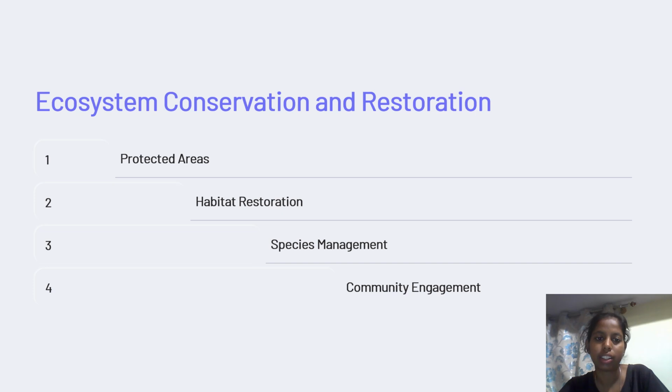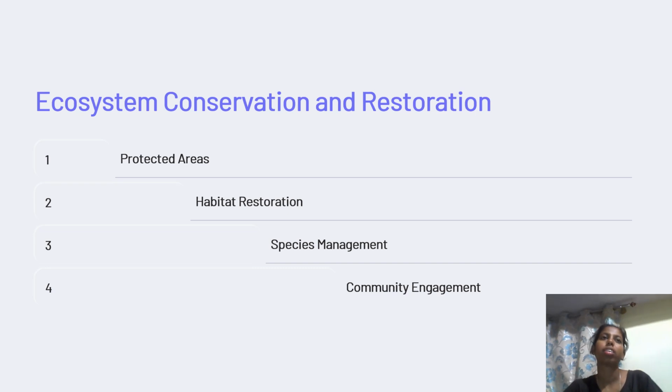And the next is ecosystem conservation and restoration. Protected areas, habitat restoration, species management, community engagement. How can we conserve or restore the ecosystem in an environment? Protected areas: nowadays deforestation is getting higher and higher.